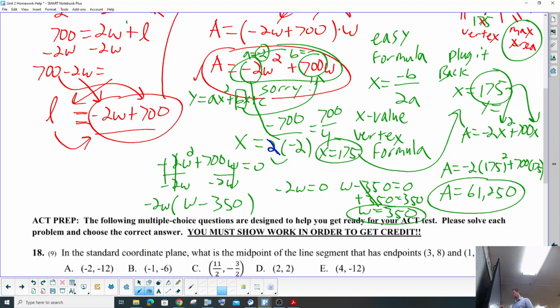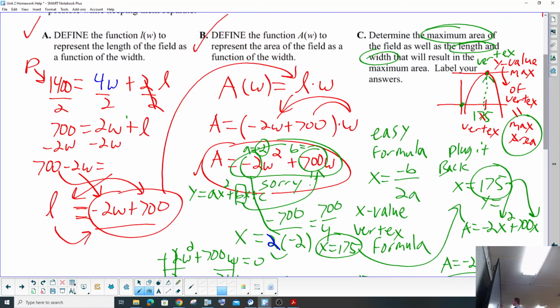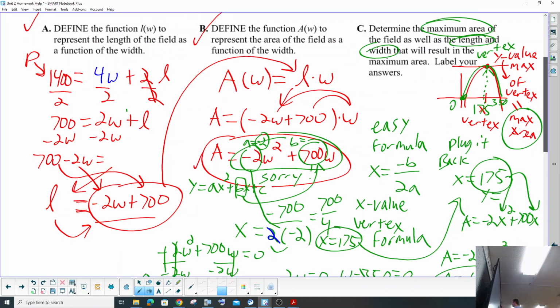Good. And when we set this one equal to 0, that's interesting. When you divide by negative 2, what's 0 divided by negative 2? Well, that's just 0. So that's where we started. We started at 0 and we went all the way to 350. So our width is going to be 350.